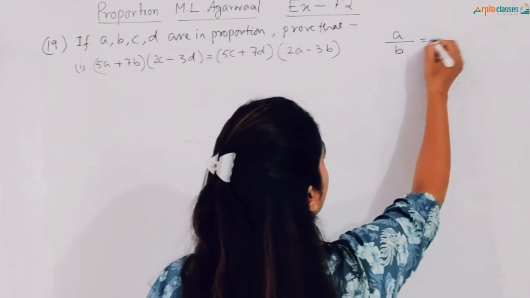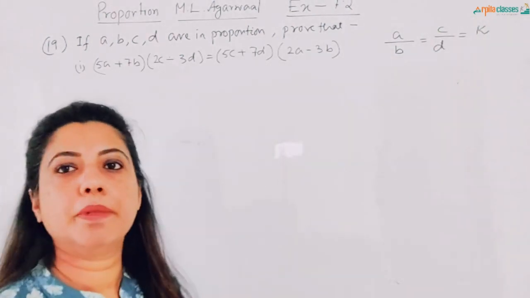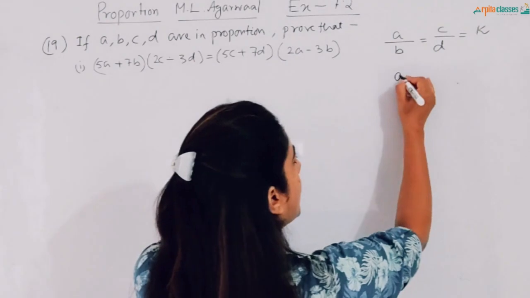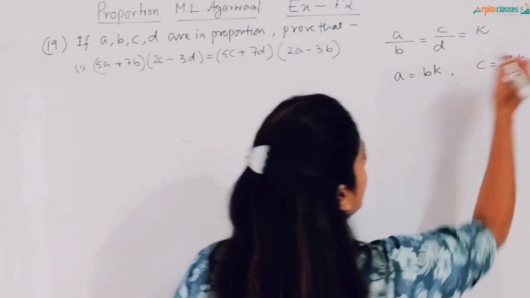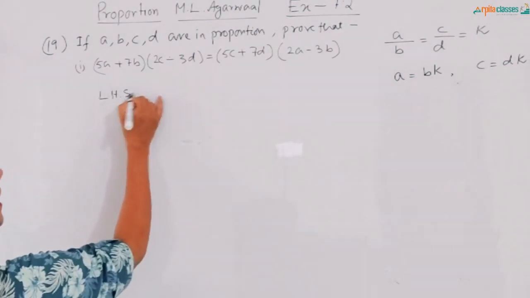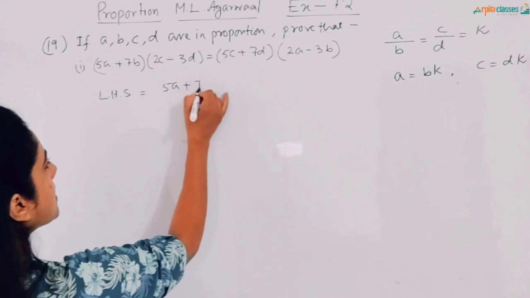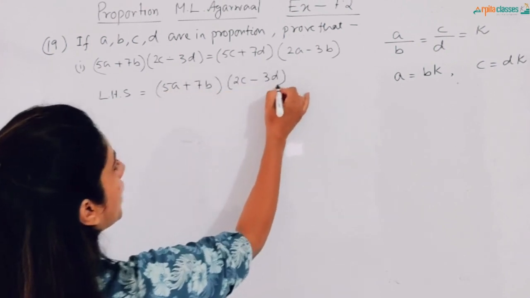a upon b is equal to c upon d is equal to, let us consider k, because a, b, c, d are in proportion. So we'll write a is equal to bk and c is equal to dk. Okay. Now let us take the left hand side. The left hand side is 5a plus 7b into 2c minus 3d.